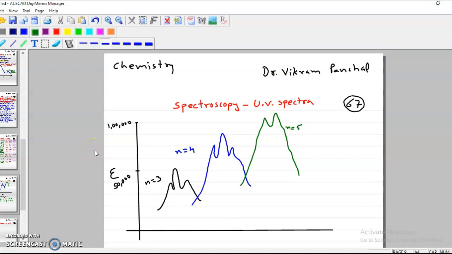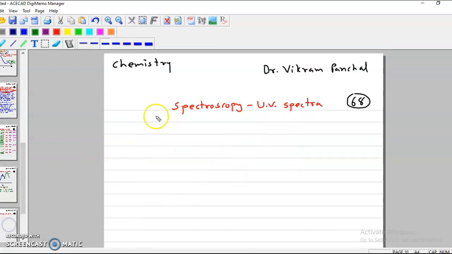Now we'll take one more example which indicates the different types of values of epsilon maxima of pi to pi star transition. Suppose we take homoannular, then the value will be 5000 to 8000 for homoannular diene system.